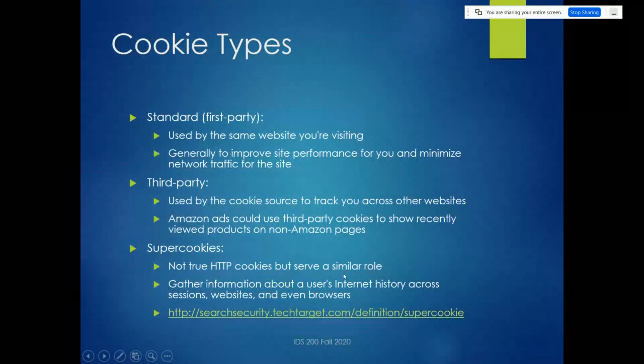So super cookies, excuse me, aren't true HTTP cookies, but they serve a similar role of storing information. The difference is they gather information across sessions, across different websites, even across browsers. So for example, if I have my same information stored at Google, Google wants to integrate that information for all the stuff I've done, right?